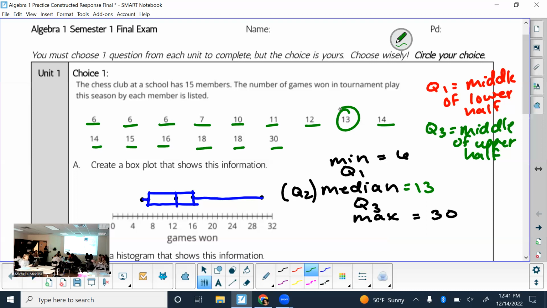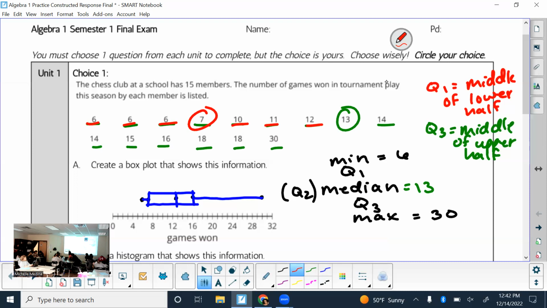So find your lower half of data. The median splits it in half. So find your lower half. And then again, do the left, right, until you get a middle number or middle 2 numbers. Never cross out your median. So I'm not including the 13 in my left, right.